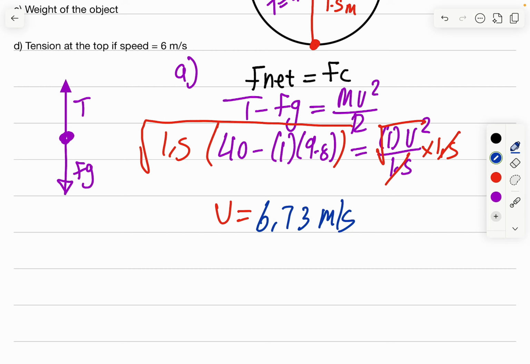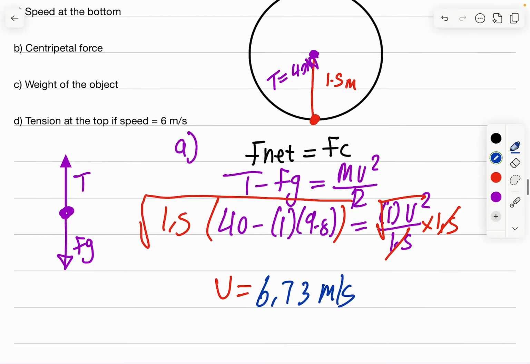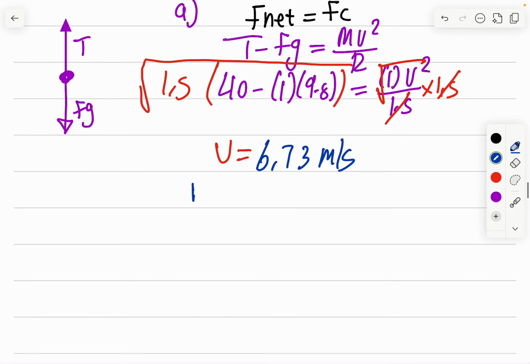You see? Simple stuff. Calculate the centripetal force, part B. You don't waste time. Centripetal force equals mv squared divided by the radius. Since the mass is 1, the centripetal force equals the centripetal acceleration. Do you know that? But let's ignore that. The mass is 1.